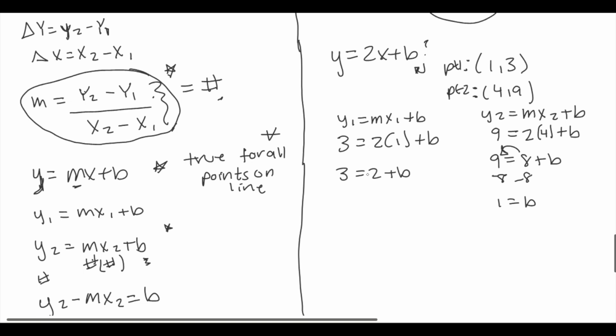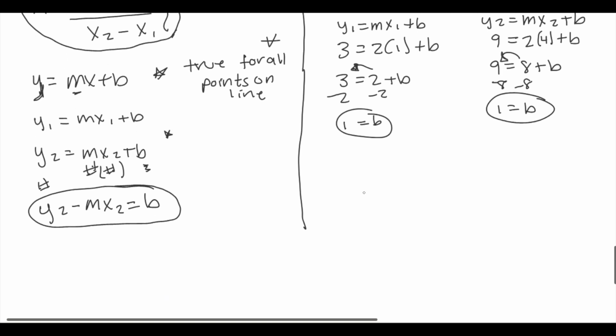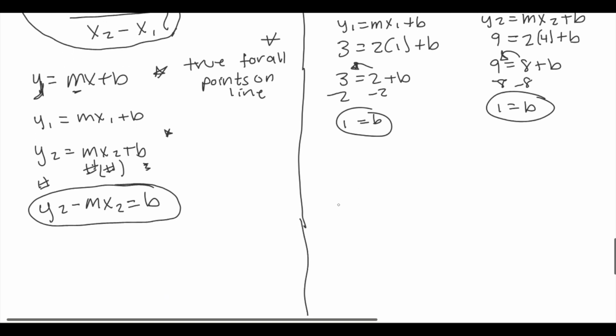And then we see, again, 1 is equal to b. Or, y minus m times its corresponding x point will be equal to b. And so then we have, finally, y equals 2x plus 1. And this is how we would define it in variables.